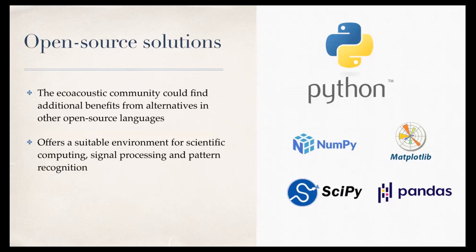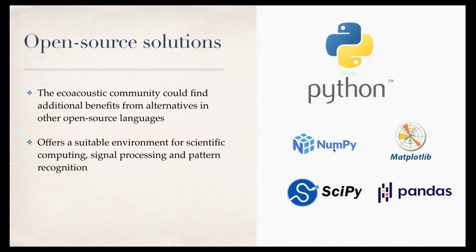And what we realized is that Python offers a very suitable environment for scientific computing because it has lots of different signal processing tools and also pattern recognition tools. I'm not sure how familiar you are with Python, but just to let you understand, for those of you that only use R, Python for scientific computing is based on these main packages.